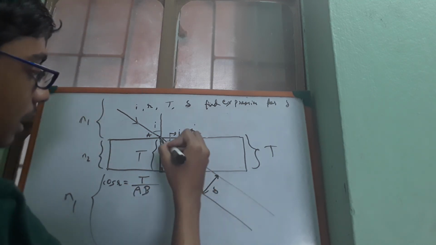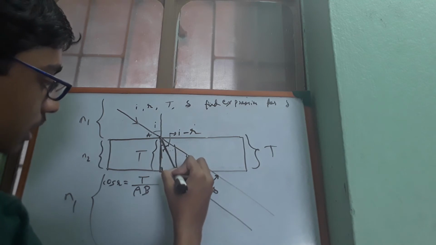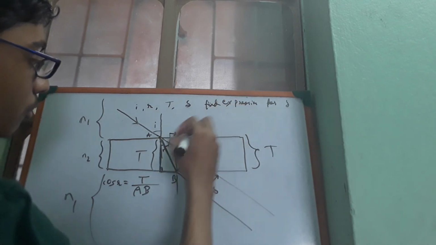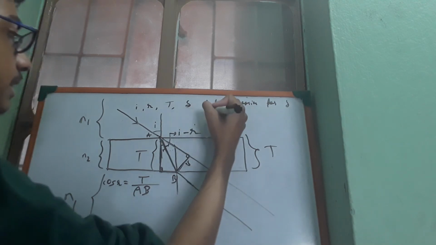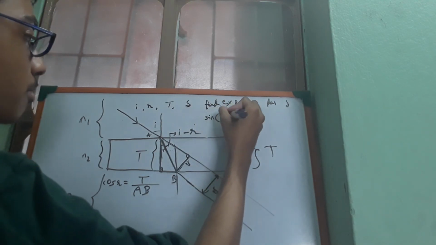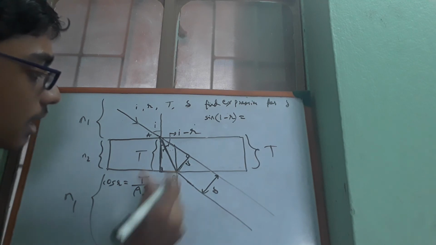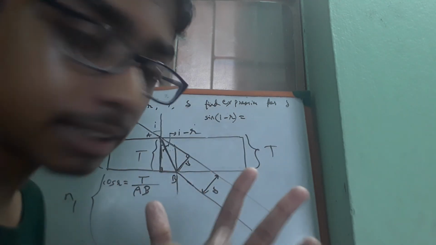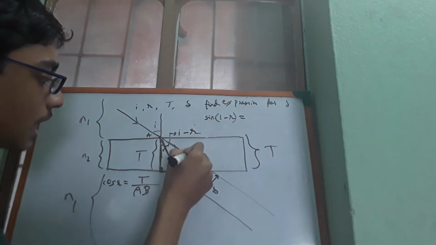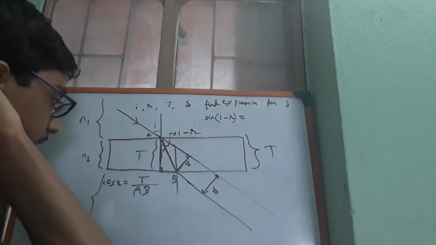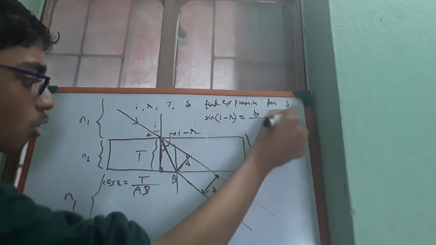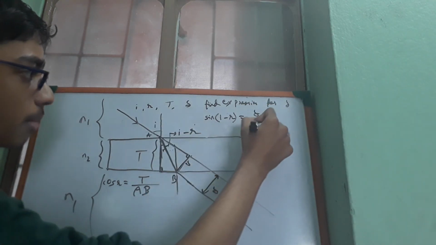Now consider this right angle triangle which I am shading out. In this triangle, this angle is I minus R. What will be sine of I minus R? Sine is the opposite side, that is del. We could have used cos of I minus R, but for cos we have to use this side, and we don't know what this side is. We don't have an expression for that. So we consider sine: the opposite side, which is del, over the hypotenuse, which is again AB.